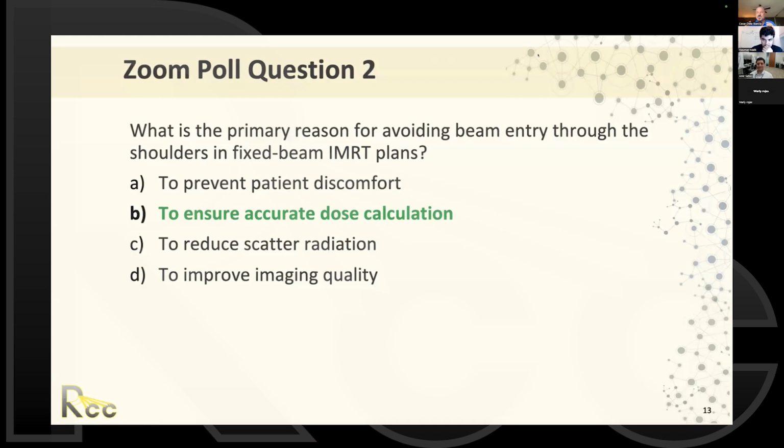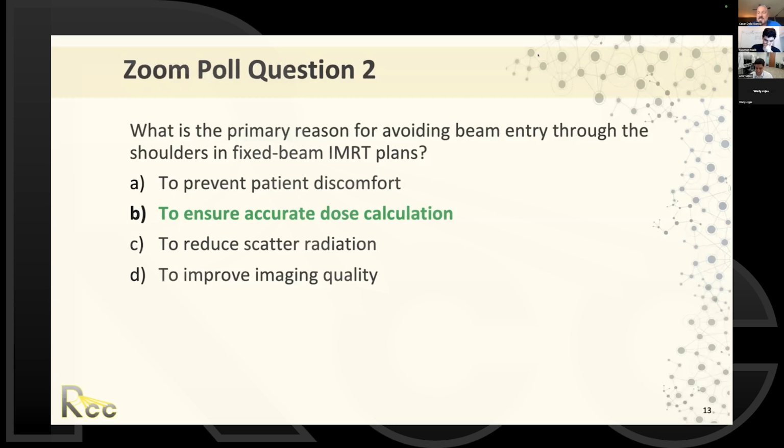Scatter radiation will come through the inter-leaf scatter or leakage, but also from the head of the machine. So it's not quite correct. It's a good answer, but the correct answer is B, to ensure accurate dose calculation.